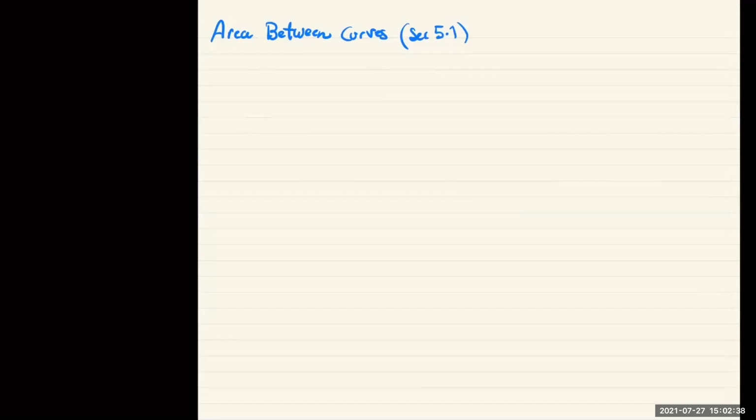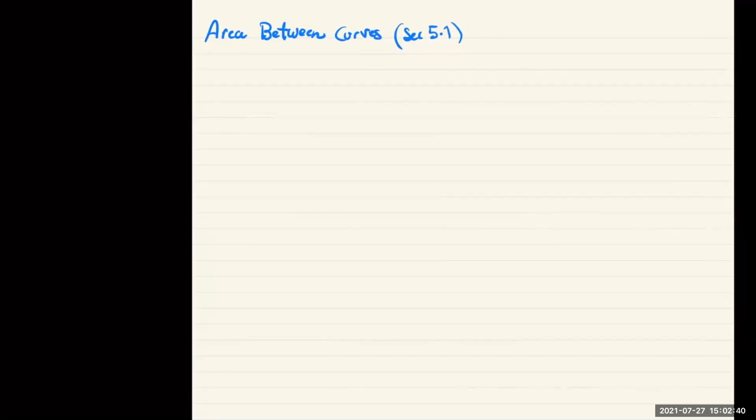Section 5.1 is actually a fairly long section because we are doing both area and volume in that section. So you're like, hey, we've already done area bounded by a curve and the x-axis.